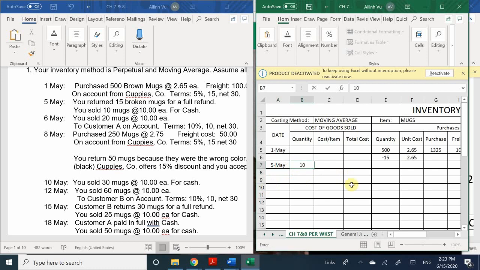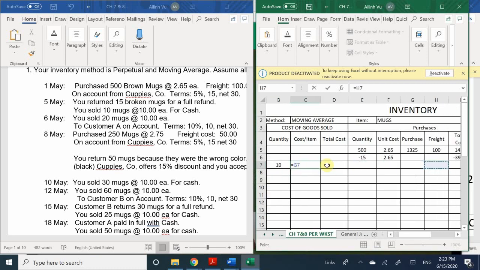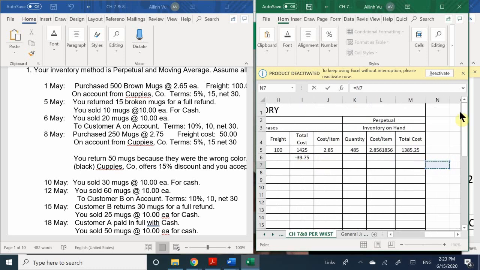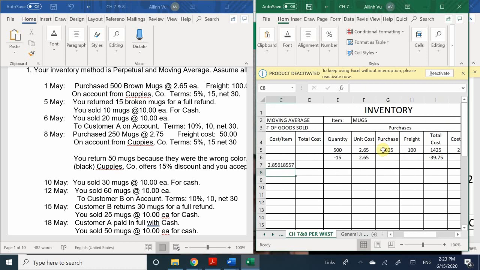So I know that I sold 10 items, and this number here is going to be my cost. Yes, it's going to be this number right here. For $28.50? $28.56, yes. Oh, 50. I just had 50.